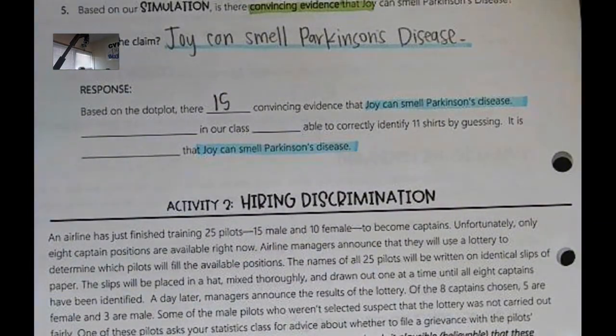So based on our dot plot, there is convincing evidence because none of us were able to do it. And if we add on last class period's, that would put us at 41. There is convincing evidence that she really can smell it because 0 out of 41 of us were able to do the same thing that she did. So that's the next blank. So we're going to say 0 out of 16 trials.